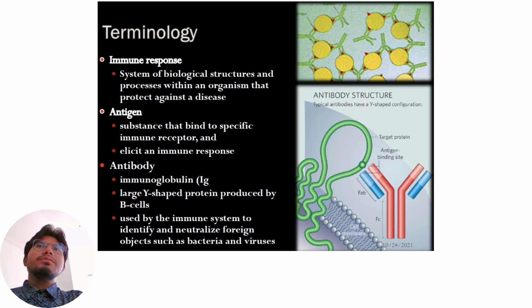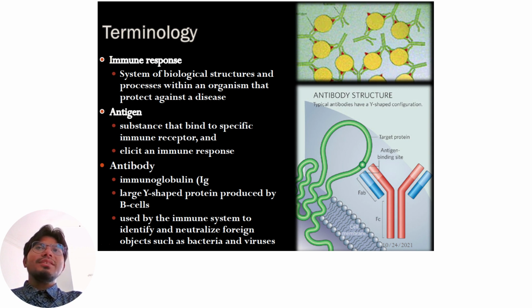The next one is immune response. Immune response is a biological structure and process within an organism, for example, human, that protects the organism from infection. Okay, immune response. So when there is infection, the body will respond to that.